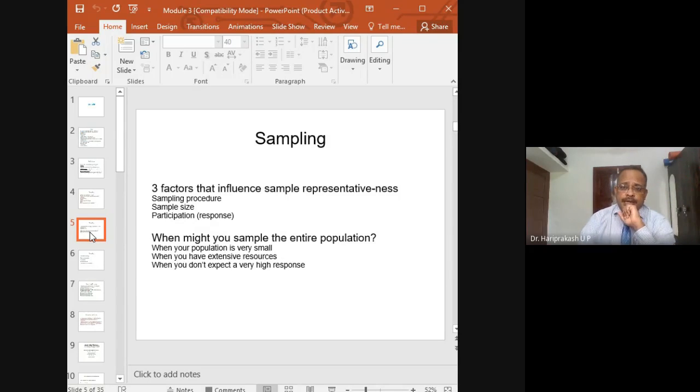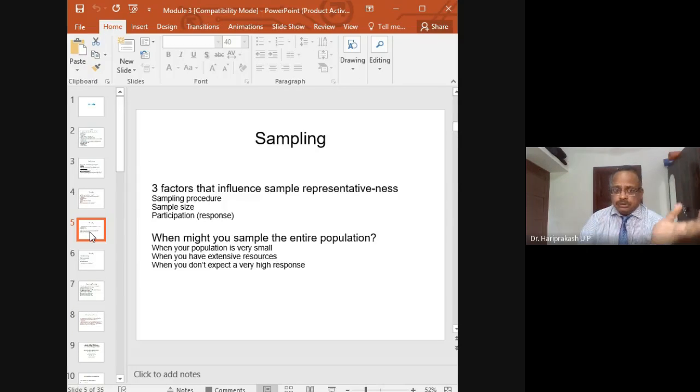And education background. Suppose the education background of your entire population under your study is that 60% are graduates and 40% are postgraduates, then your sample also needs to have the same proportion of graduates and postgraduates.